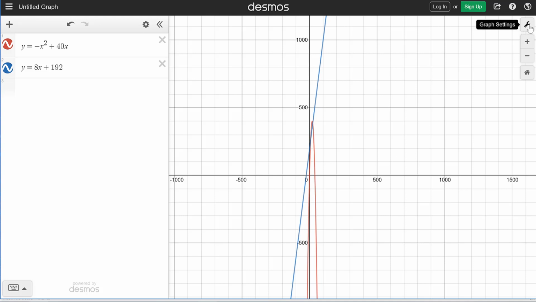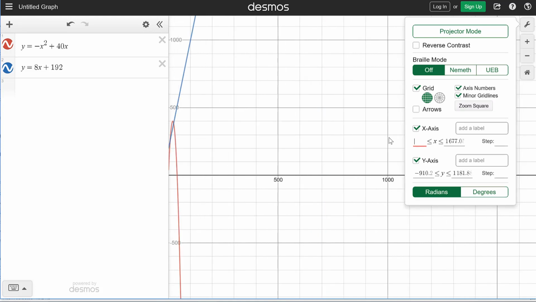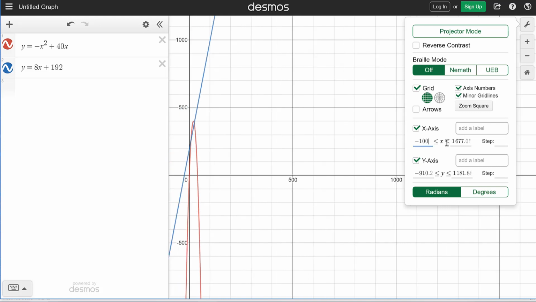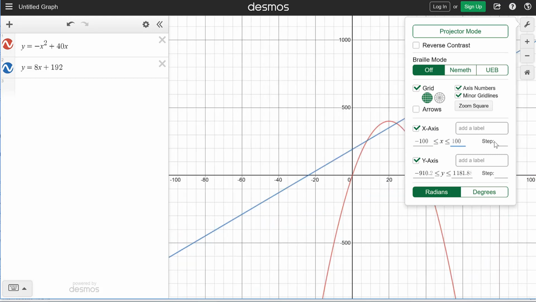So I'm going to click on this wrench, and in the wrench I'm going to manipulate my x and y axes. The x-axis doesn't need to be very large. Let's go from negative 100, and I'm just going to type negative 100 using my keyboard, to positive 100. And I can see a lot of the graph now.